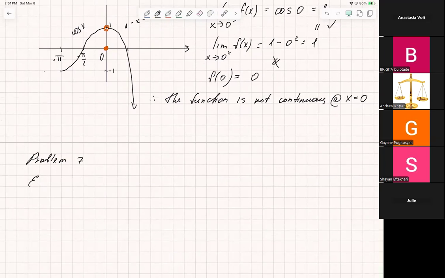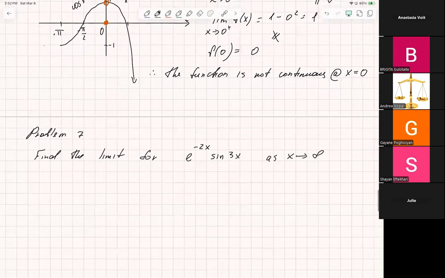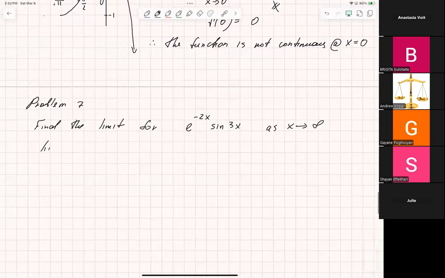Find the limit for e to the negative 2x sine 3x as x approaches infinity. Essentially what it's asking is, what is the limit as x approaches infinity of e to the negative 2x sine 3x?